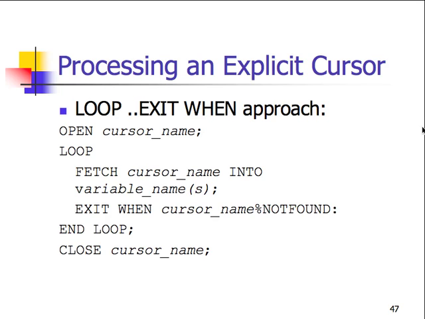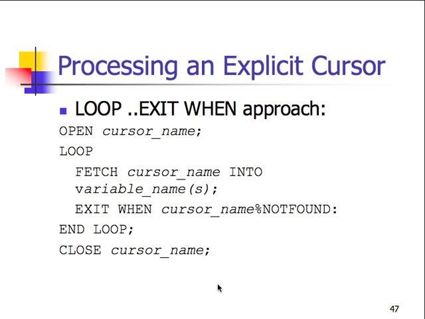In terms of the looping approach, open cursor, loop, and then we fetch the cursor name, whatever it happens to be, cursor 1, into variable name. Exit when the cursor is not found, when there's nothing left. So we're reading from a cursor, putting it into a variable, and then we loop. Then we end the loop, and then we close the cursor.